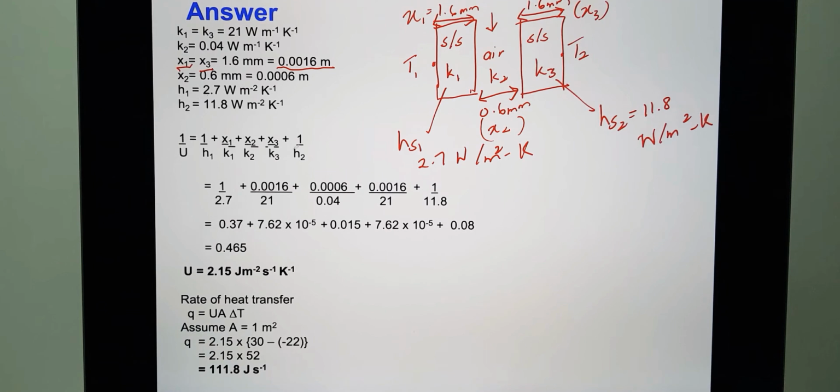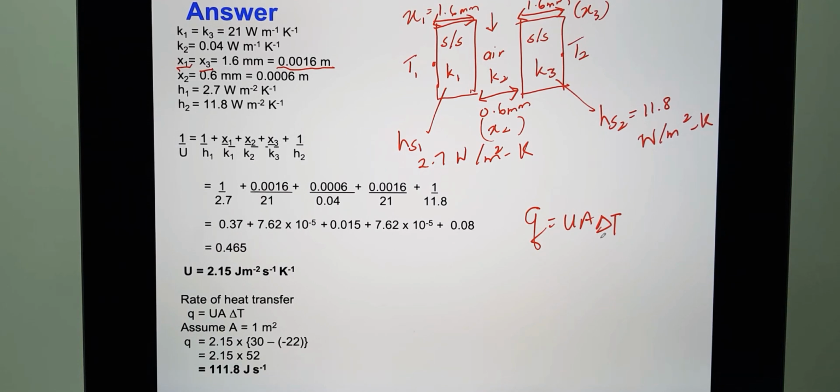Alright, so since we are going to deal with several slabs, we have a stainless steel slab at one side, another stainless steel slab at the other side, and we have a slab of air. So you need to use the equation Q equals UA delta T. Do not use Q equals KA delta T, because that is meant for a single slab.